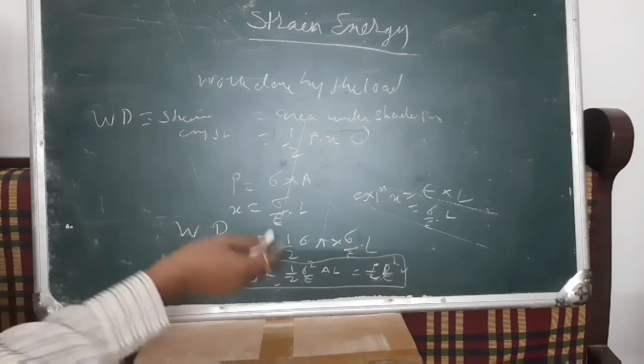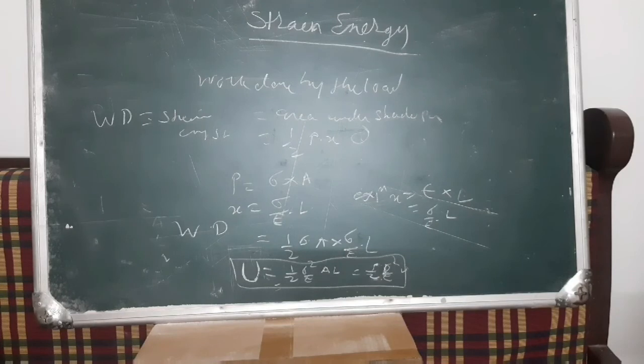So we get the equation U is equal to 1/2 sigma square by E into V. The modulus of resilience will be sigma square by 2E into V. So these are the standard formulas, and this is just an equation for the strain energy.